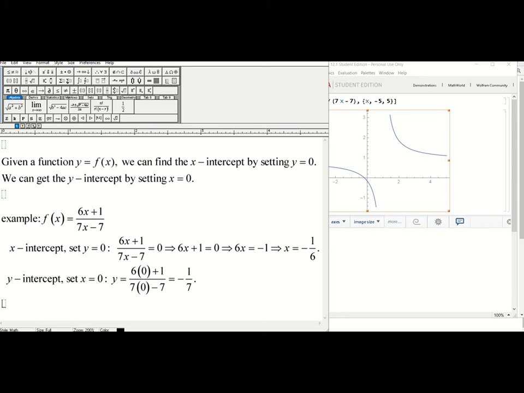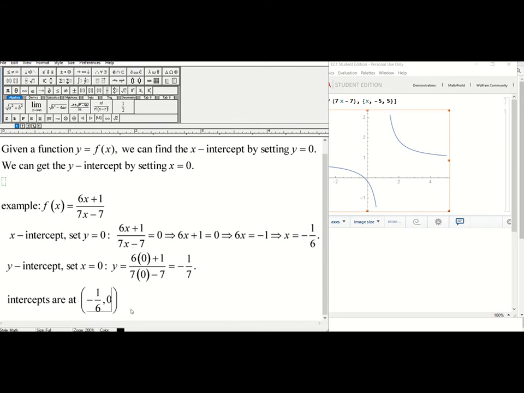So my intercepts are at, and it says n-tuple. Basically, it wants x as 0 in this one, and then y is going to be this.